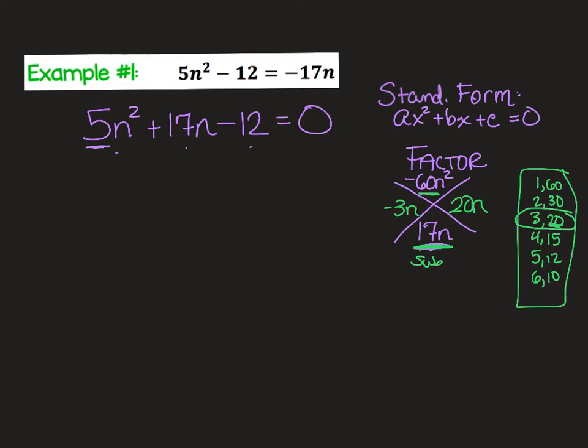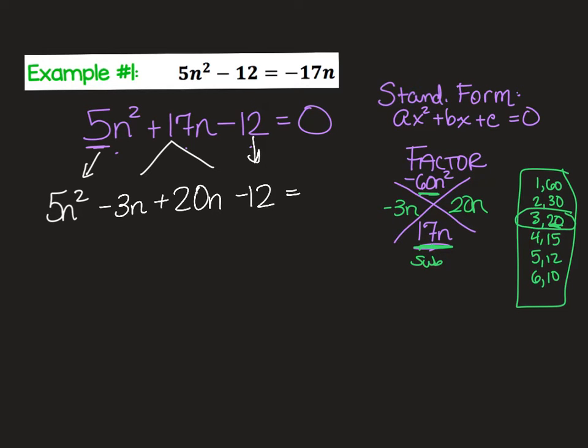All right, continuing on, so we bring this down, 5n squared. We're decomposing the middle term to its inner and outer, so minus 3n plus 20n, and then we bring down the last term. So all those skills that we have already been tested on, we're applying now. All right, now continuing on, we're going to factor by grouping.